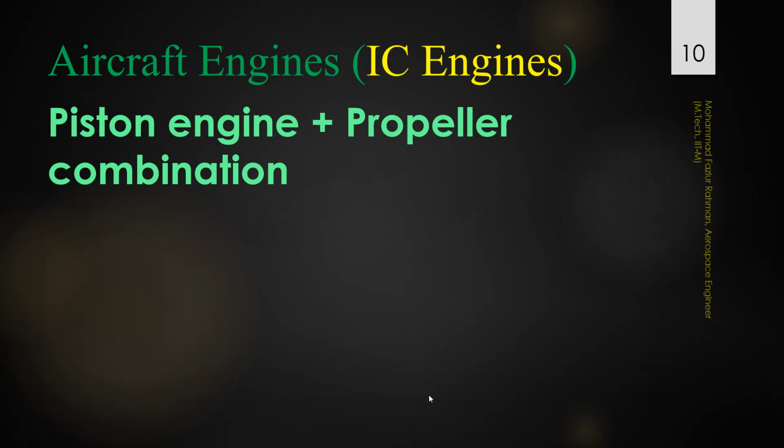Now the piston engine, which is basically an IC engine. In this case, the working fluid is the air plus the combustion product. After combustion, the product of combustion is, in the normal sense, water, H2O, and carbon dioxide, because we are burning hydrocarbon.